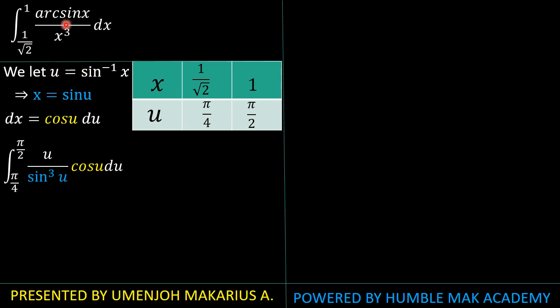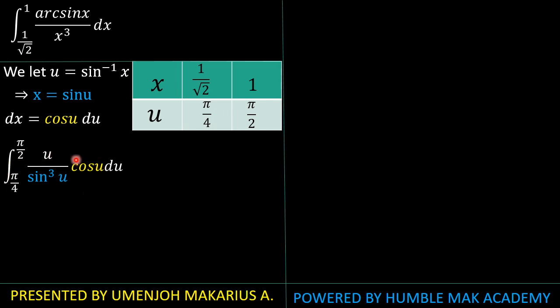Then our x cubed, we never had an x cubed here, right? But we can produce an x cubed by simply raising everything to the power 3. So x cubed is equal to sine cubed u. That's why we have the sine cubed u here. Keep in mind that our aim of doing so is that we don't want to have x in the u world again.